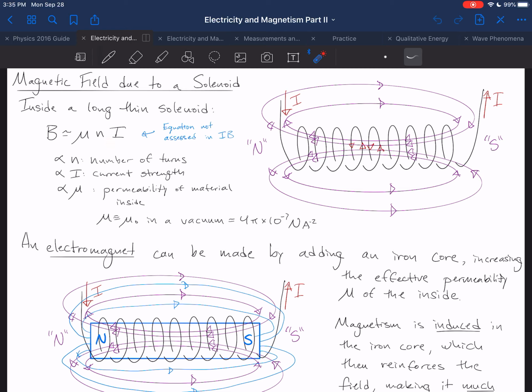So that magnetic field is proportional to the number of turns, the current strength, and the permeability of the material inside it. Notice that mu is equal to mu zero in a vacuum.